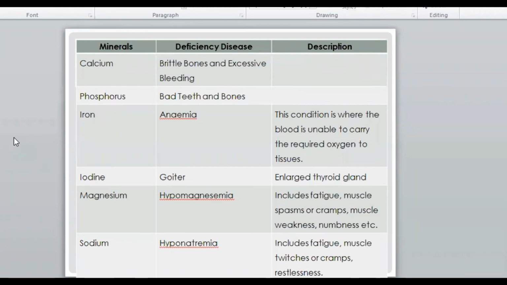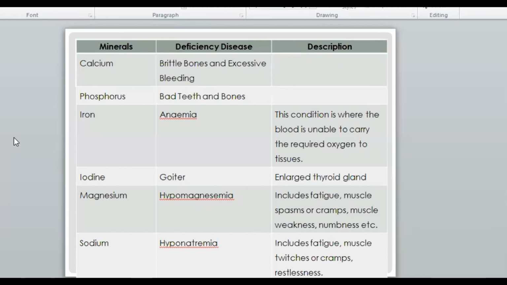So the person is going to become anemic as a result. Now, there are other signs and symptoms, but I'm just letting you know what the disease is and what it is about. So in your spare time, you can look up some signs and symptoms of a person who is anemic.